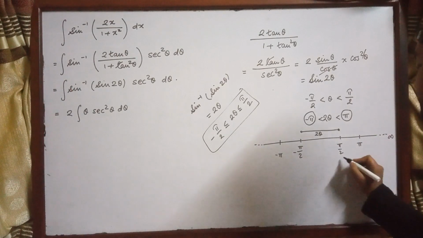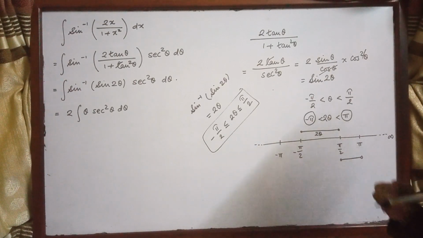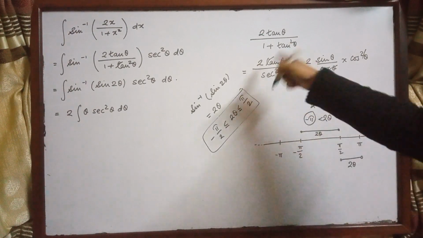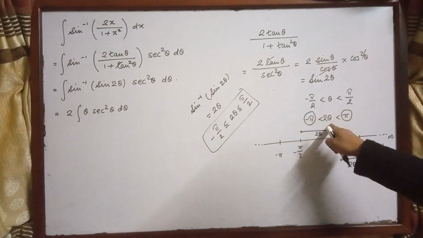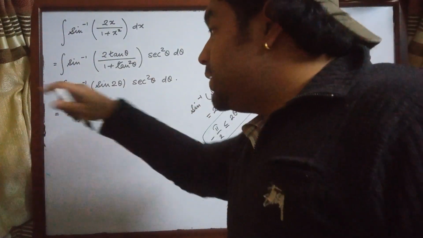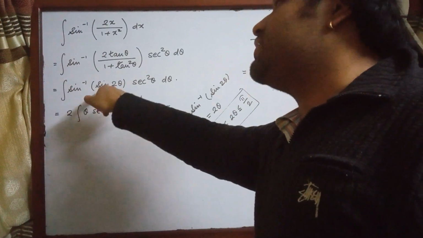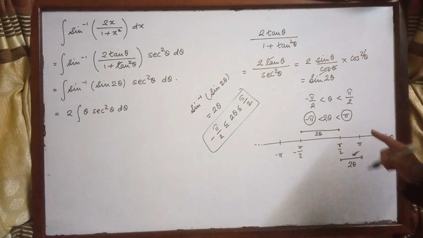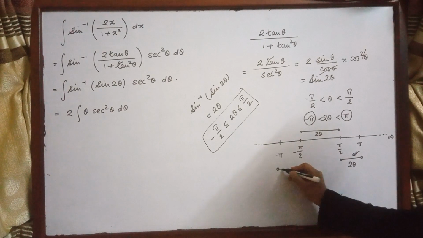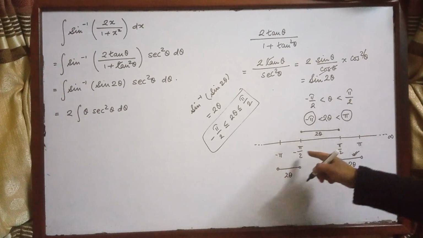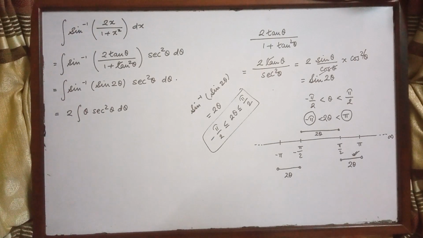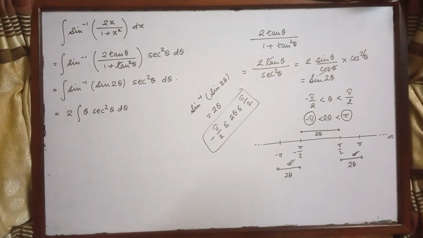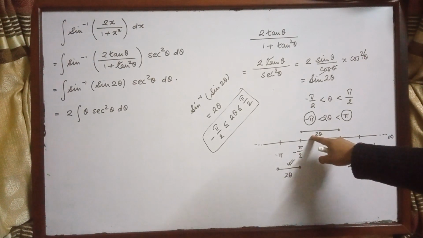But if it is within this part, be careful. I'm talking about twice theta, not theta, because the argument inside the inverse sine function involves twice theta. Twice theta can be between pi by 2 and pi. Twice theta can also be between minus pi by 2 and minus pi. So we need to consider two more cases apart from this case.